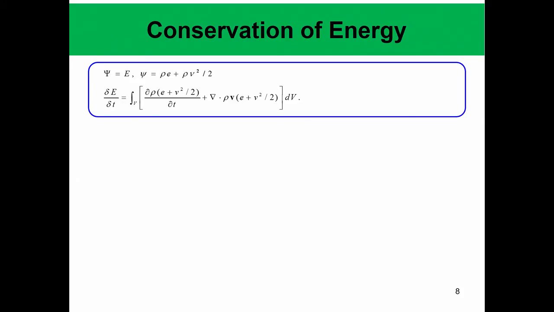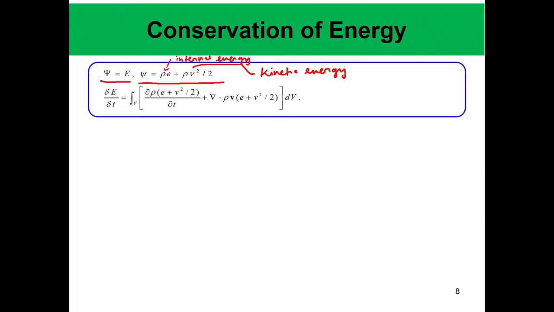For now we start very modestly: we write the extensive property, capital Xi, as the total energy, which is the total internal energy, and then the corresponding specific property small Xi becomes density times the specific internal energy plus the kinetic energy component, rho v square by 2. So this is the internal energy and this is the kinetic energy component.